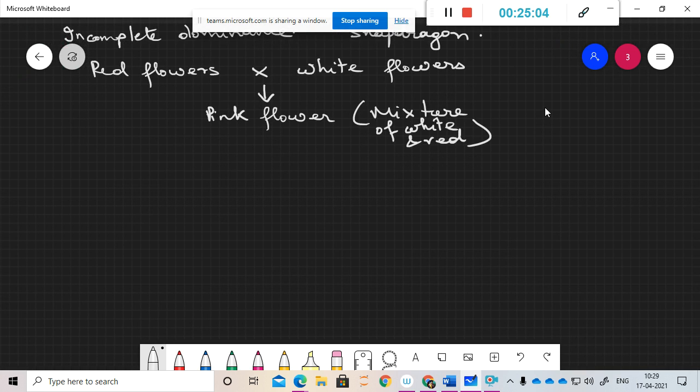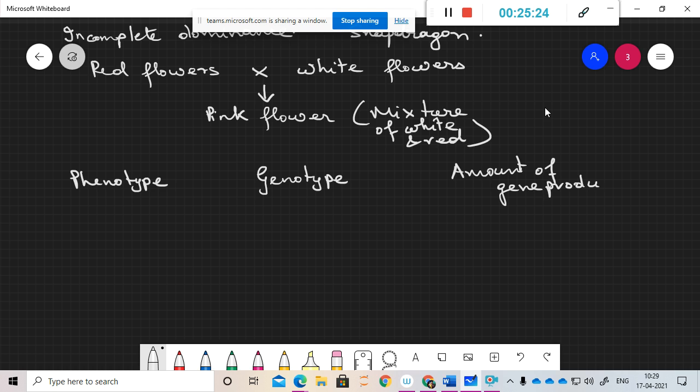So if you look at the phenotype, this is the genotype and the amount of gene product. In the red flower, capital W, the genotype, two alleles, two copies of the red flower gene are present, and so the gene product is 2x.